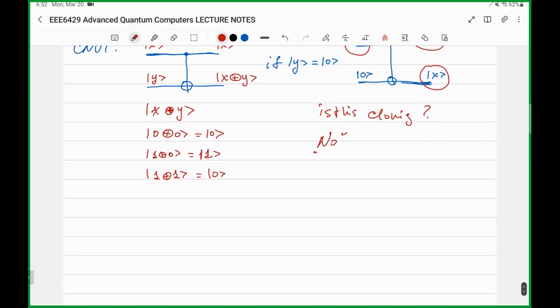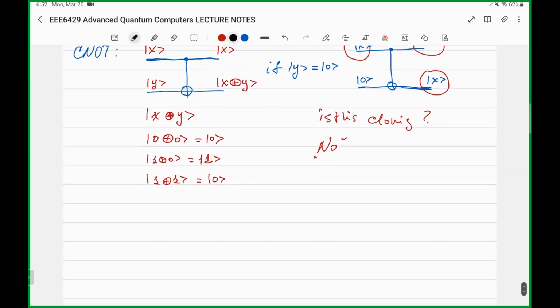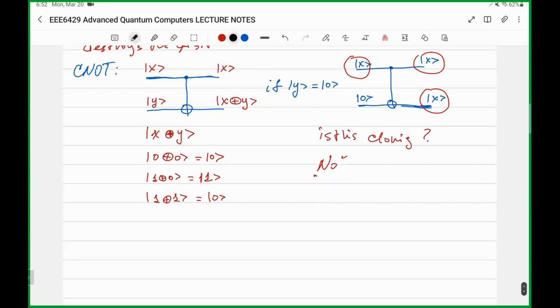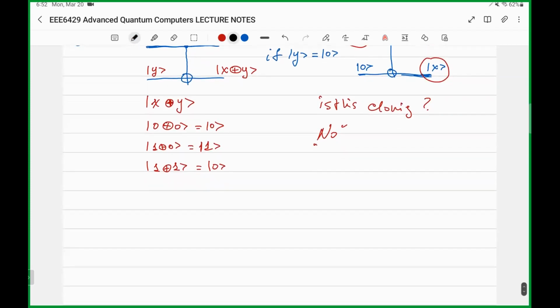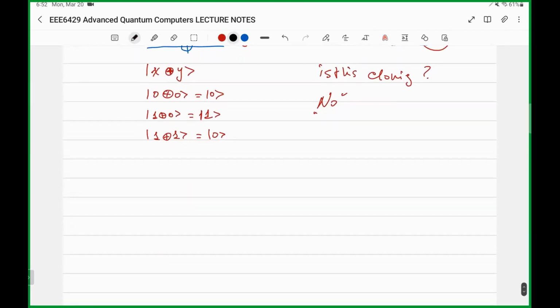And to demonstrate this, we should consider a general state of a qubit. So let's suppose I have the state psi as my x, which is some alpha state 0 plus beta state 1.